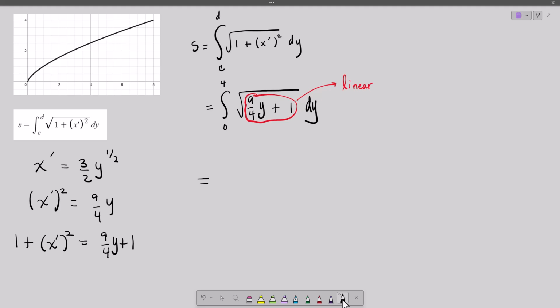So we add 1 to the exponent and divide by the new exponent. So we're going to take our blob, whatever it is, as long as it's linear, add 1 to the exponent and get 3/2. Divide by the new exponent, so divide by 3/2, which means multiply by 2/3. But then, what is the derivative of this linear expression? 9/4.